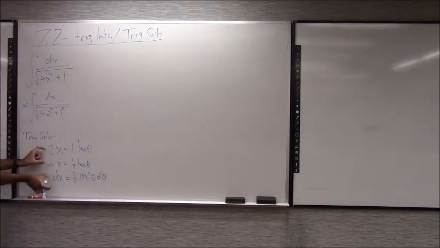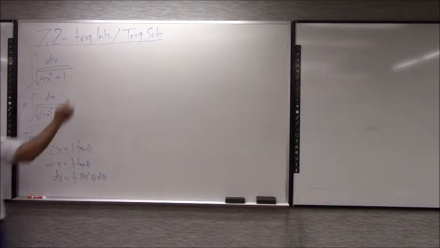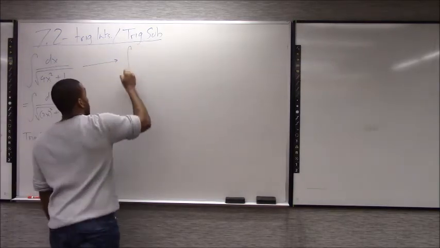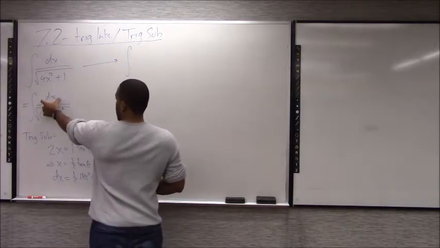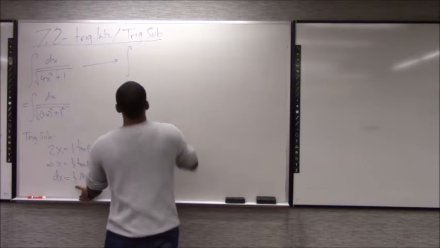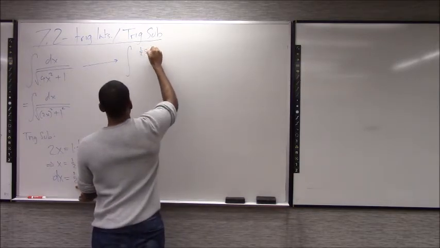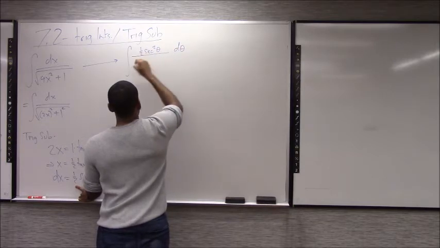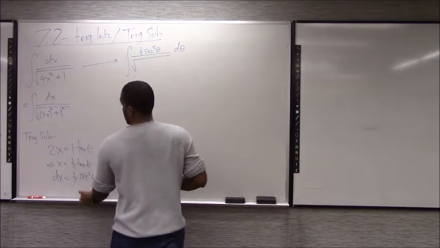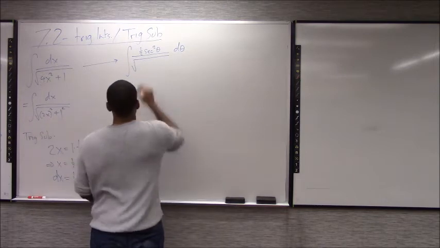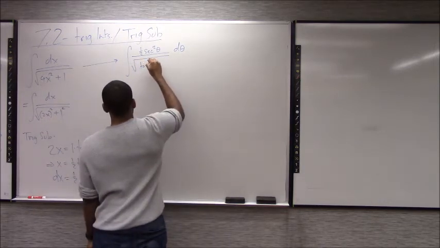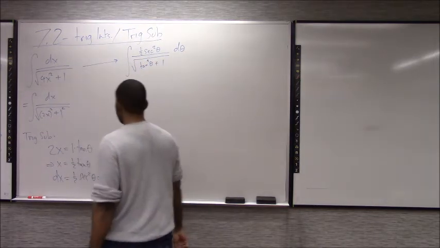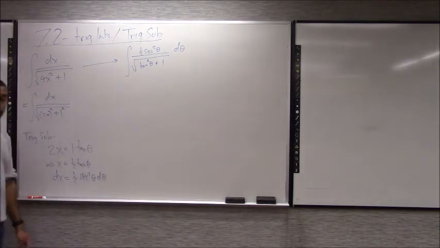And now I'm just going to substitute all of these back into the original integral. So my dx becomes this guy, 1/2 secant squared theta d theta over the radical of my 2x, which is now tan theta. So that's what that becomes.